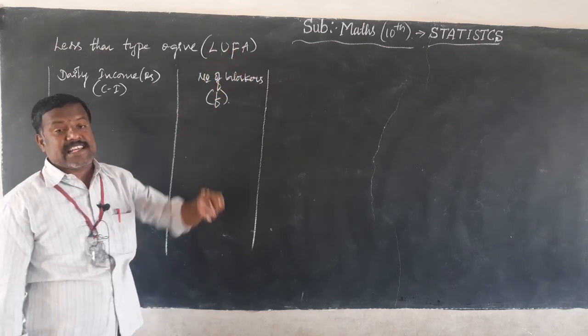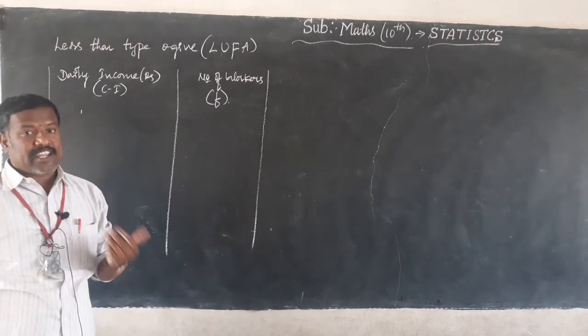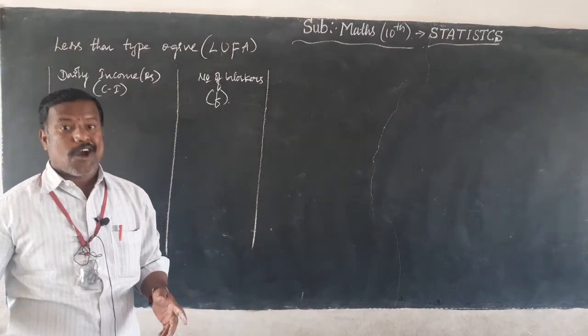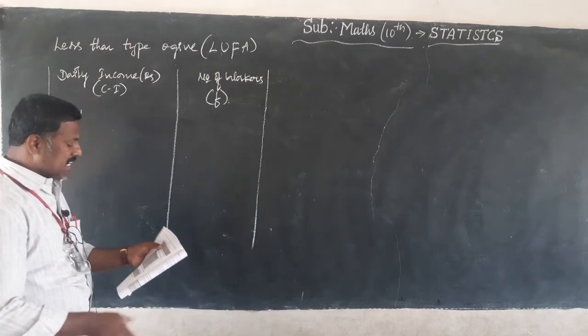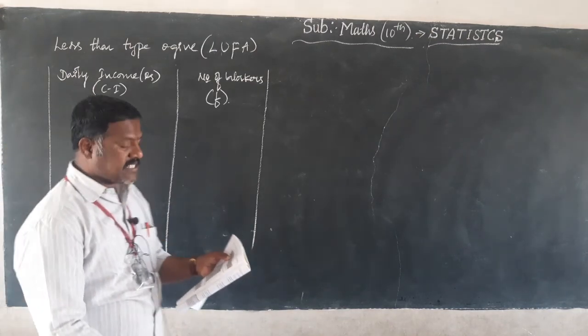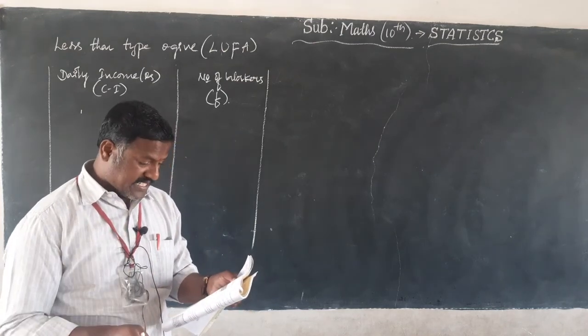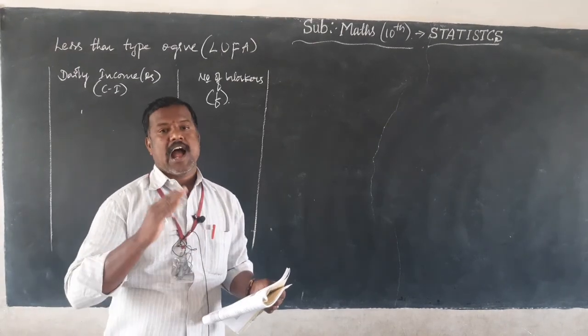For drawing less than type Ogive, we should take the upper limits from the class intervals. So here we have the upper limits, that is 120, 140, 160, 180, 200.